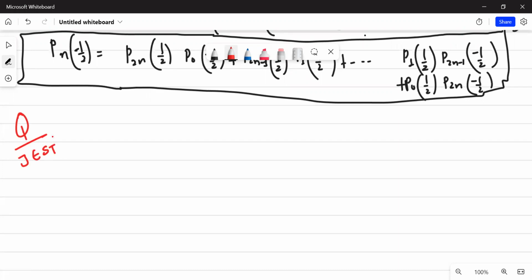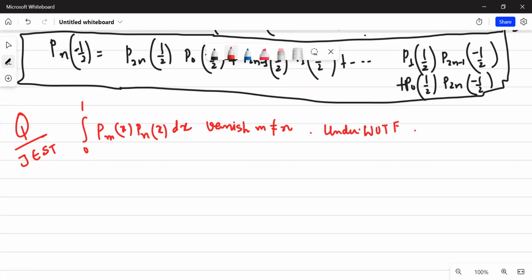So question says, for which of the following conditions does the integral, what I'm writing here, vanish for m not equal to n, where Pm and Pn of x are Legendre's polynomials of order m and n. So under which of the following conditions does the integral vanish? And it is given that m should not be equal to n.